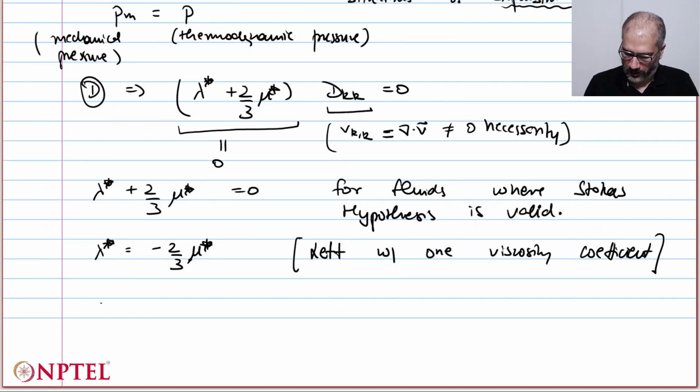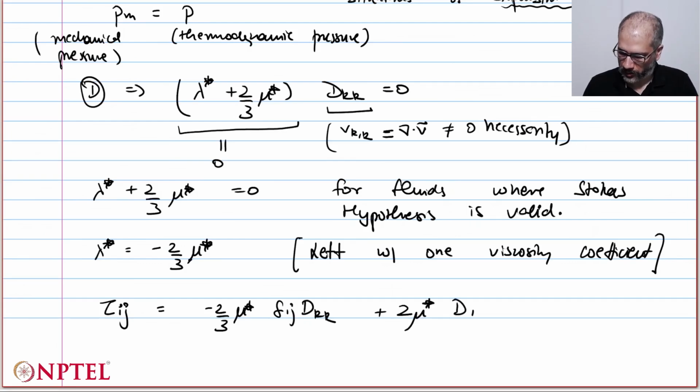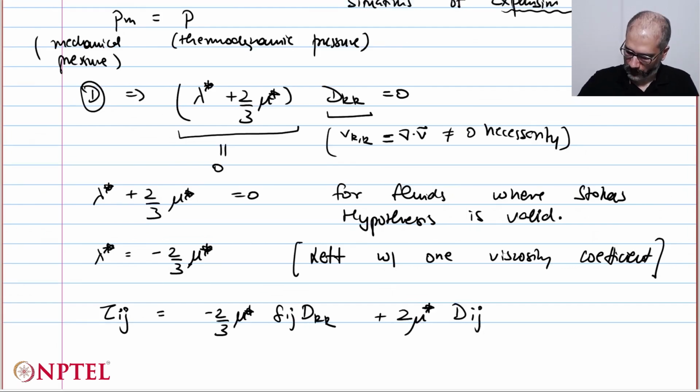So finally, my viscous stress tensor tau ij becomes, with lambda star replaced by minus 2/3 of mu star, tau ij equals minus 2/3 mu star delta ij dkk plus 2 times mu star dij. By the way, I forgot to mention that this quantity, lambda star plus 2/3 mu star, is actually called the coefficient of bulk viscosity.